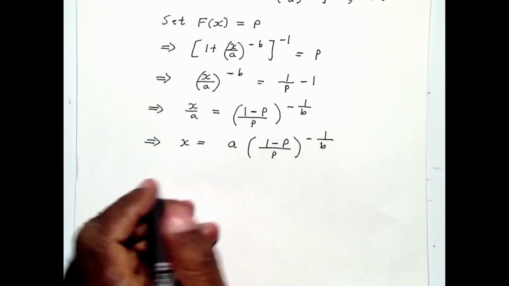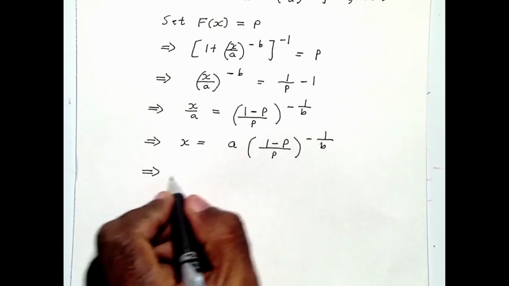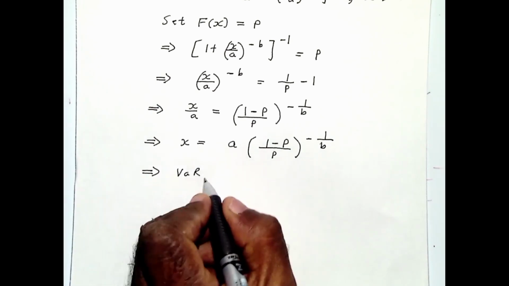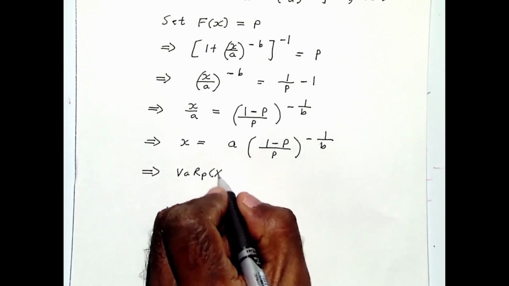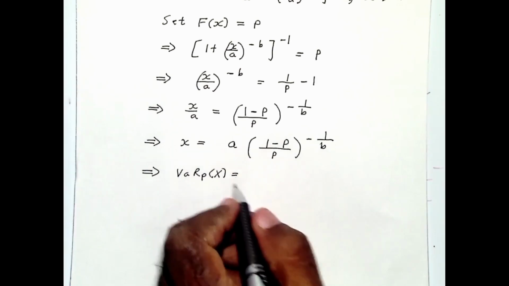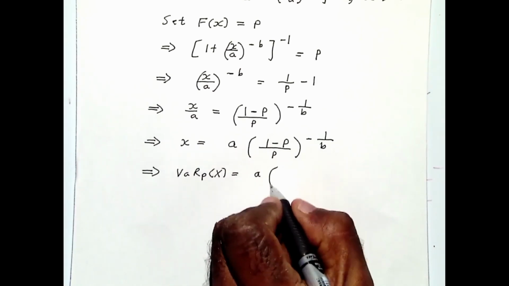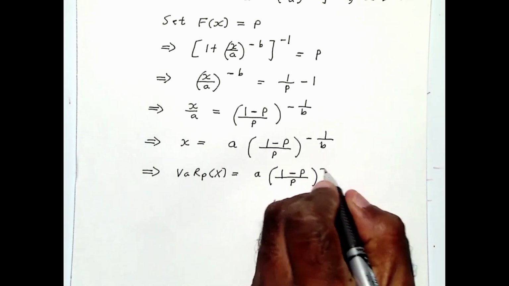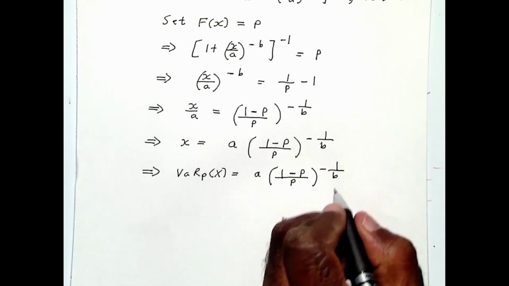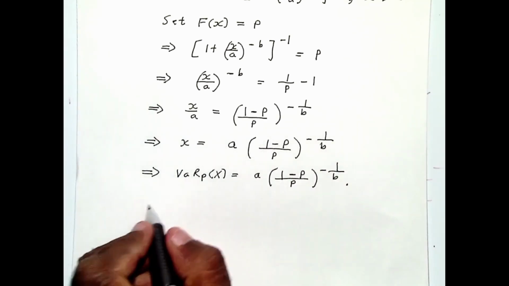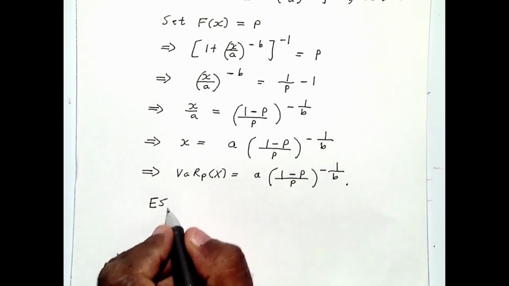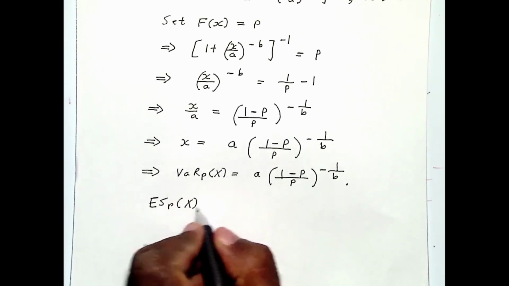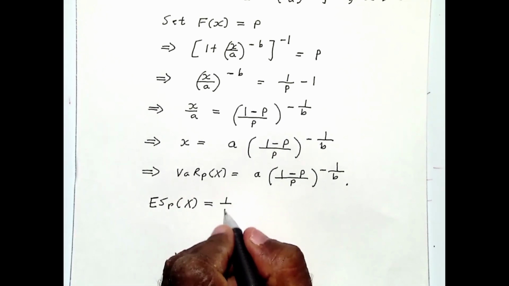So hence your formula for VaR is this. Now in order to find ES, we use this formula.